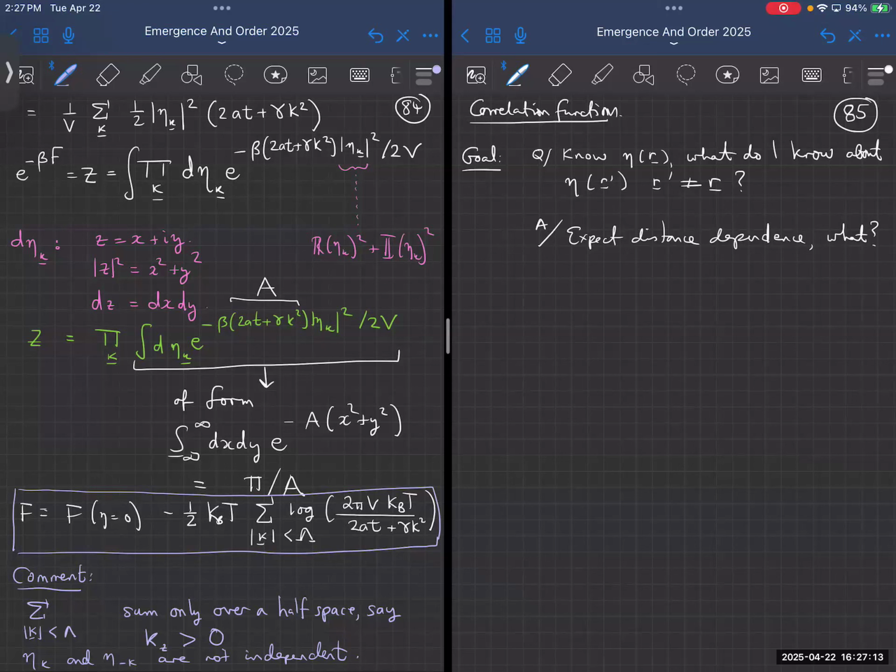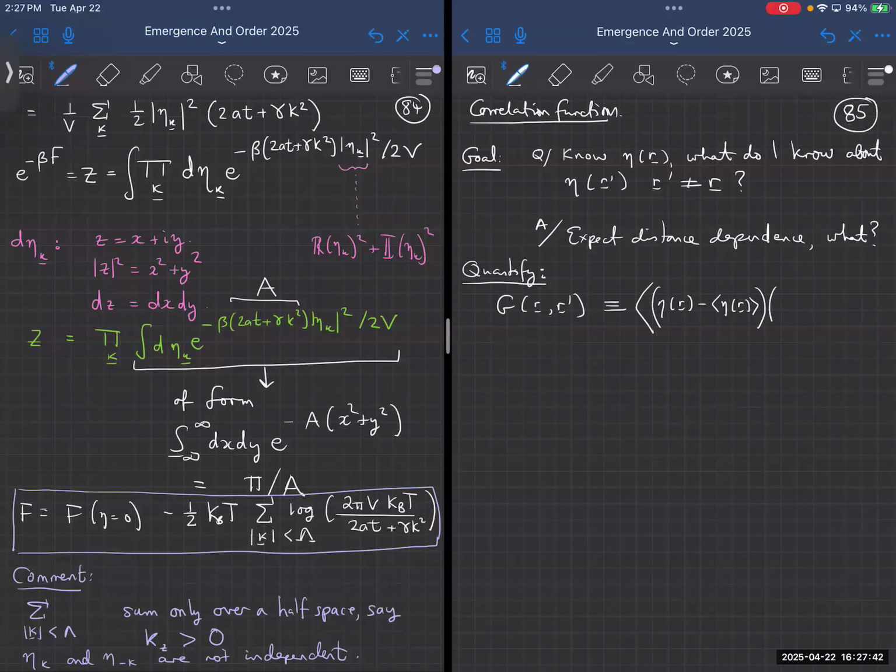So the way I'm going to quantify this is we're going to construct the two-point correlation function. I'm going to write it down like so: g of r and r prime. I'm going to define it in the following way. I take eta at the point r, and I subtract the average value of eta at that point r.